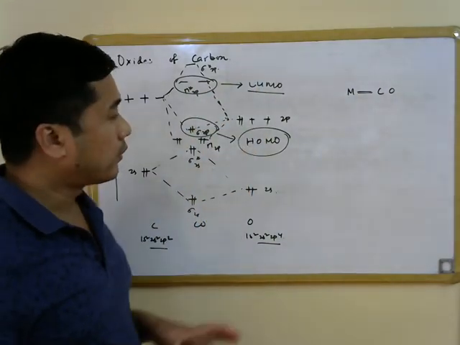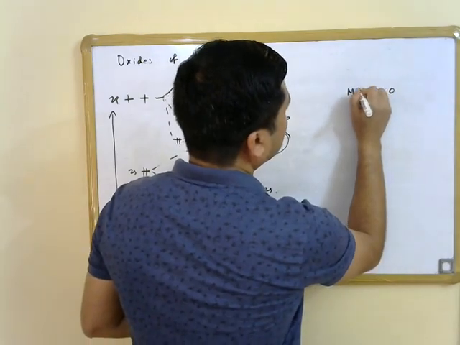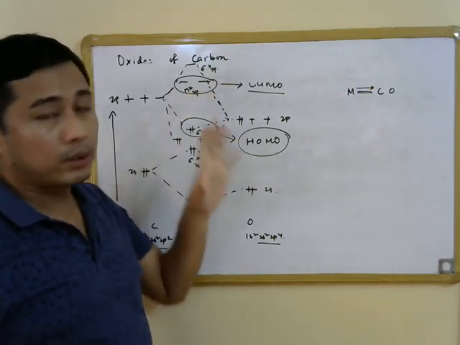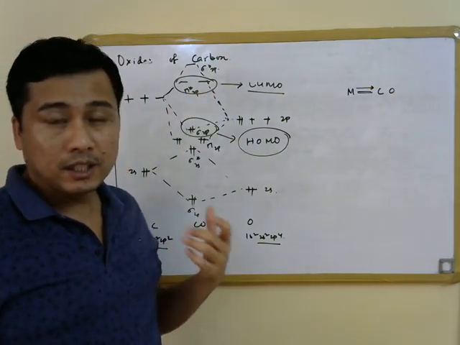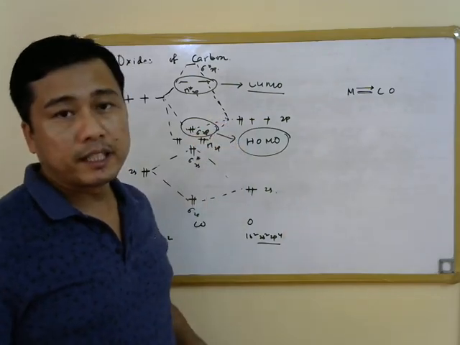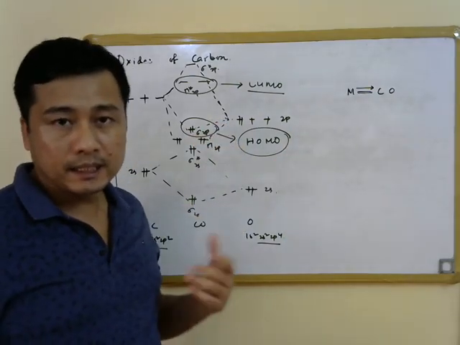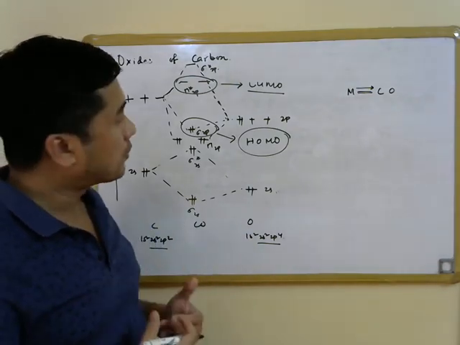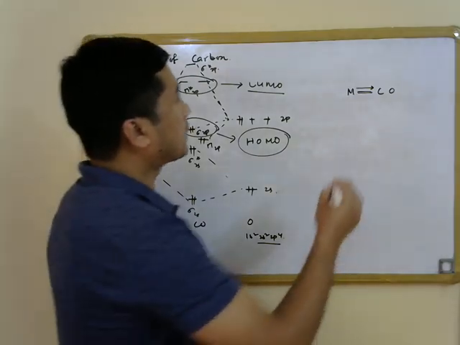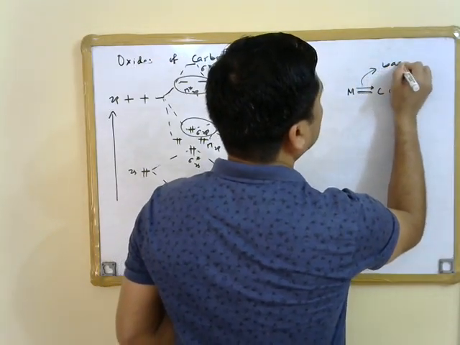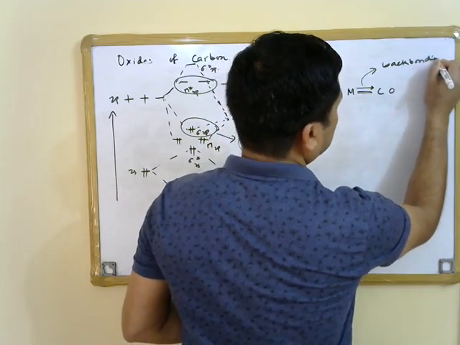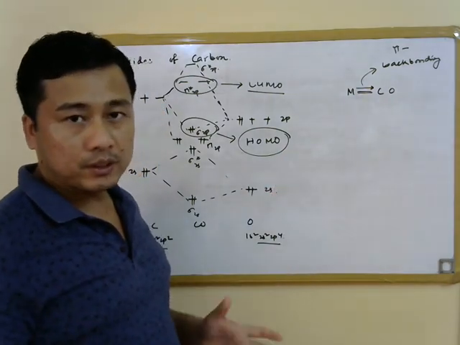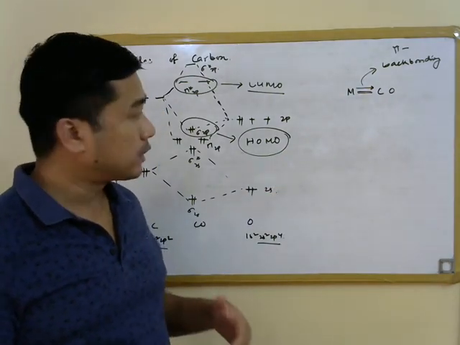The metal can donate electrons to the pi star 2p molecular orbital of carbon monoxide, and this is how another type of linkage is formed, that is a pi linkage. But in this linkage, electron density is transferred not from the ligand to the metal, but from the metal to the ligand, and that is why we term this sort of linkage back bonding, or pi back bonding. Here electron density is essentially transferred from the metal to carbon monoxide.